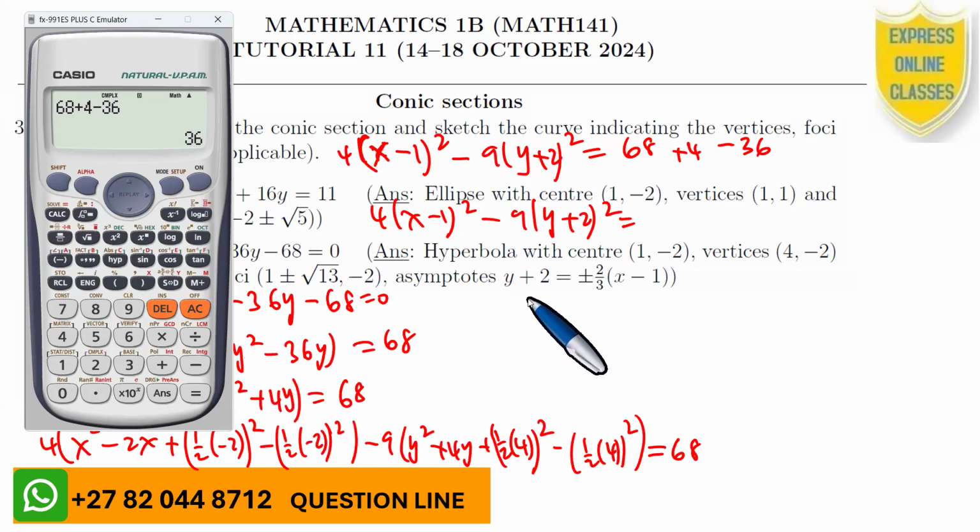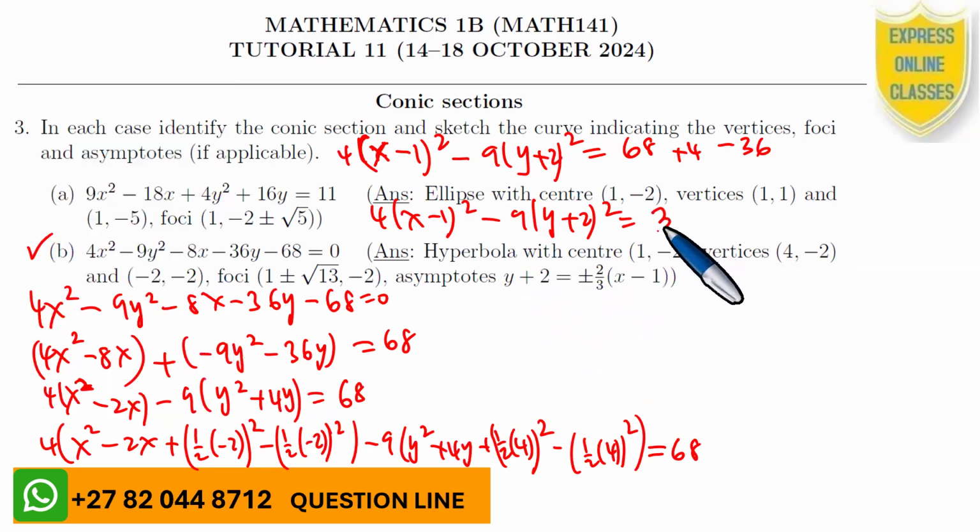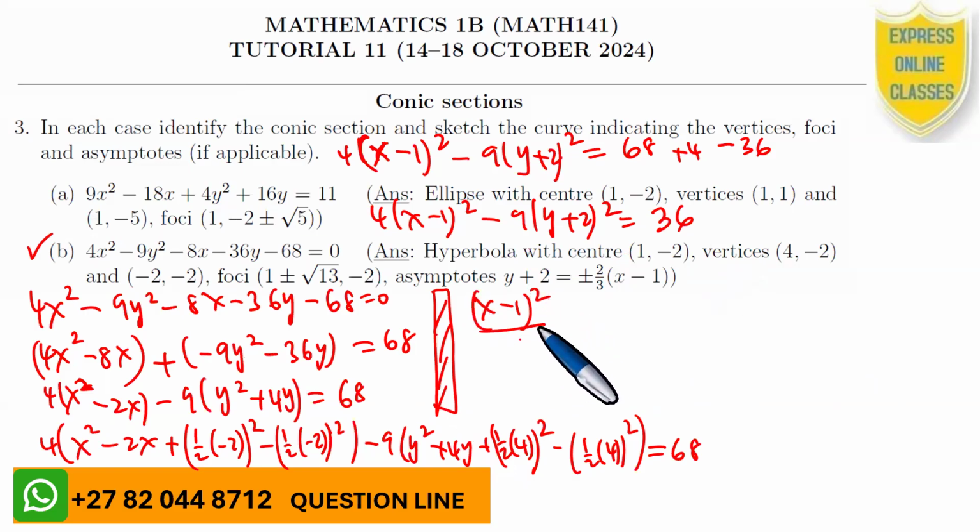You divide by 36. It becomes (x minus 1) squared over 9, and 9 divided by 36 gives 4.